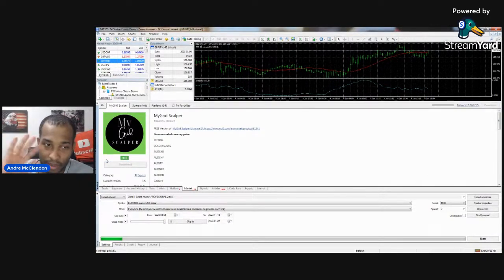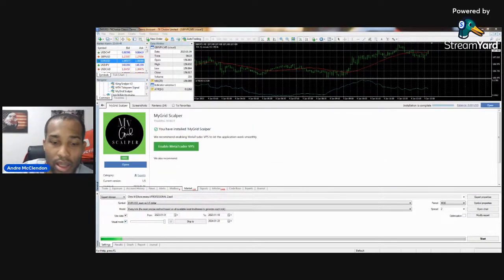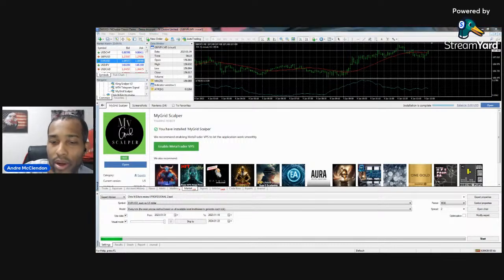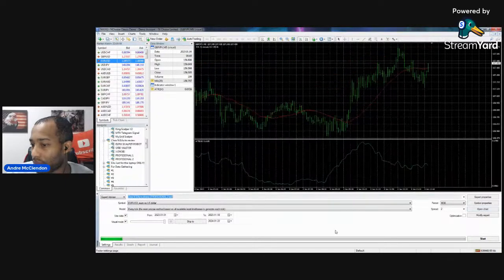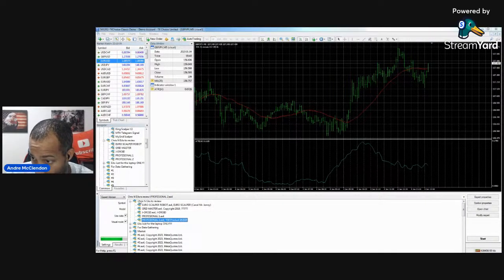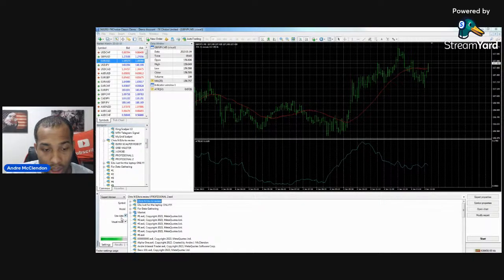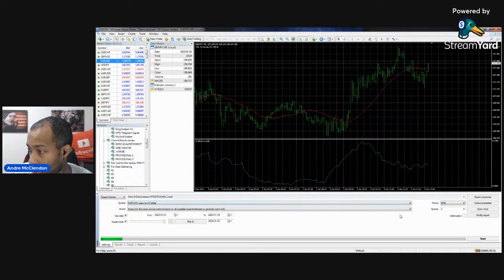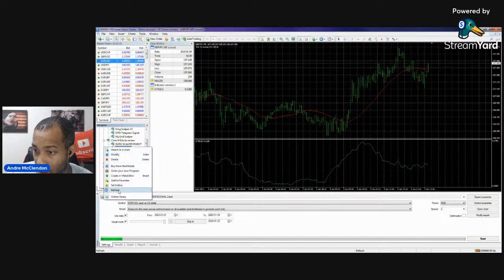Okay. Hey there. We're going to review this robot first called My Grid Scalper, and we're going to test it out on. It should be Control R. Grid Master.